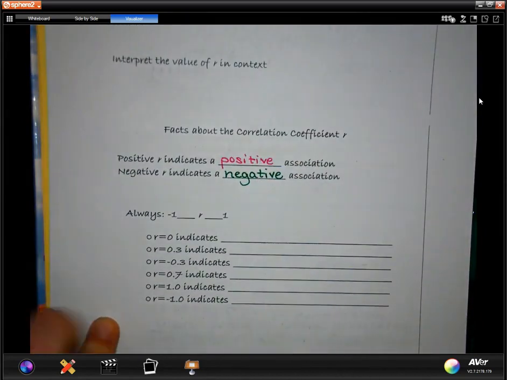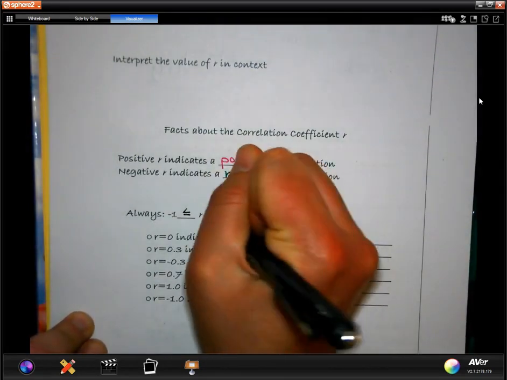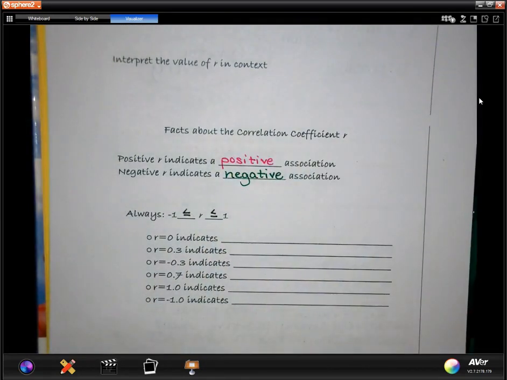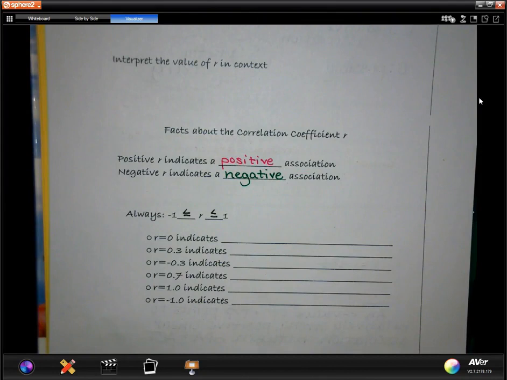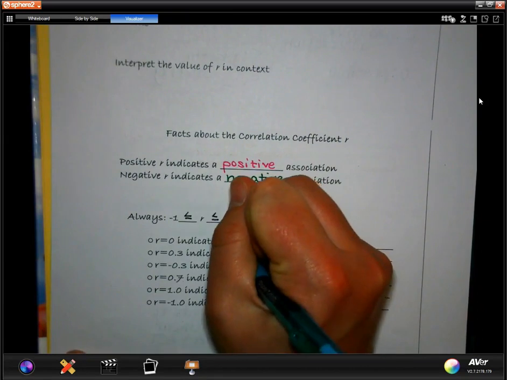There will be questions in your homework tonight about what's wrong with this correlation statement. If they say the correlation is 1.3, that's what's wrong with it. You can't have a correlation greater than 1 or less than -1. It has to be between those numbers. If you get r equals 0, that means there's no linear relationship at all.